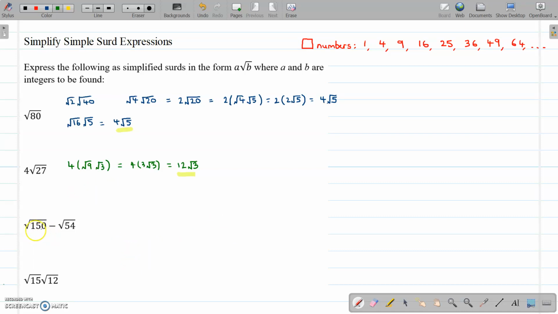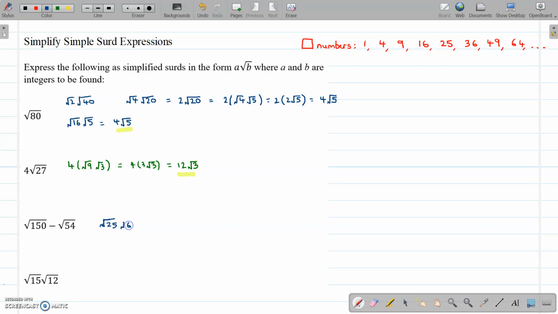If I look at the 150 under the first square root, I'm looking for a square number that's a factor of 150. The first one there is 25, and 25 goes into 150 6 times. So I'm going to write this whole thing as root 25 times root 6.